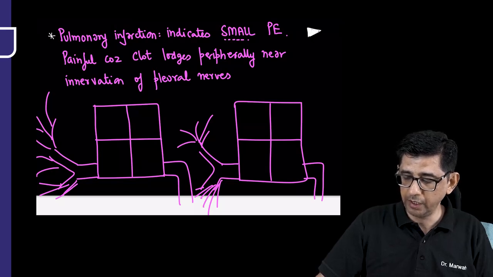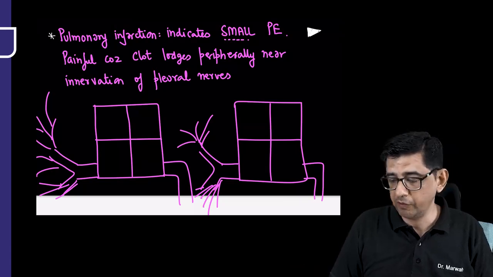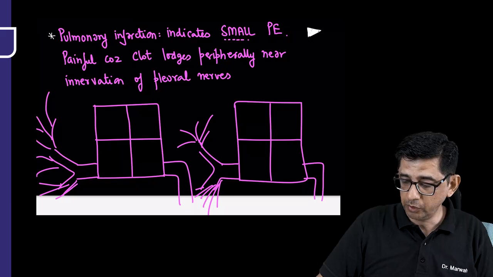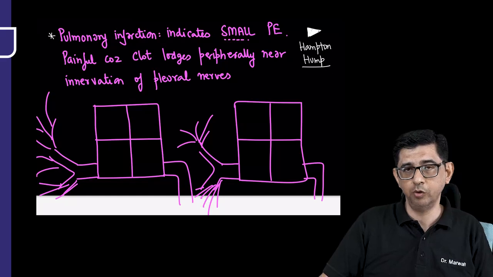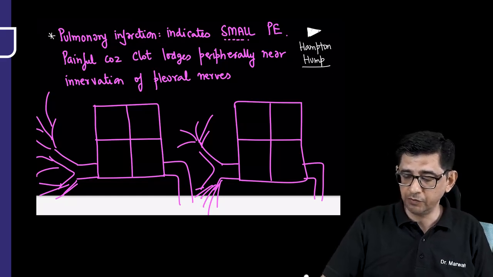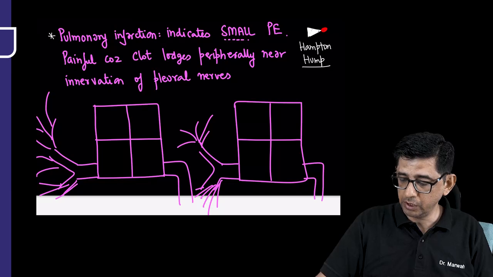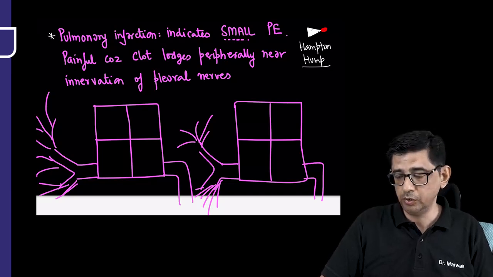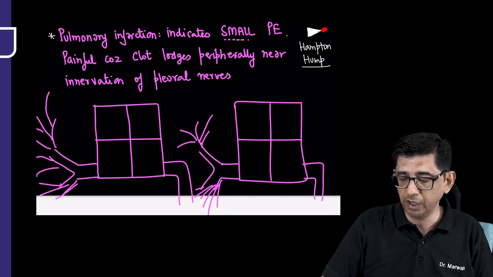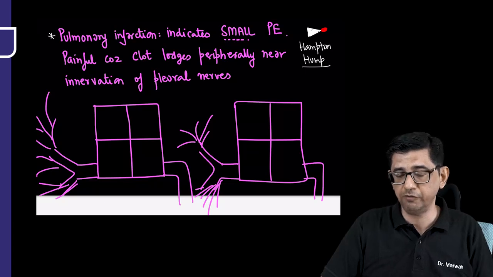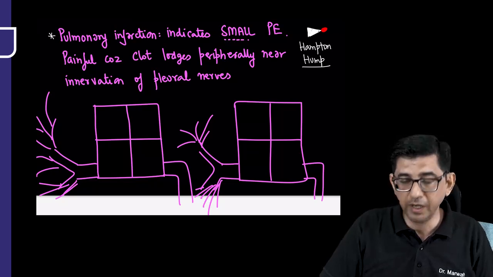I'll be drawing a diagram of the lungs a few minutes from now, but I just want to draw your attention to a radiological finding. Even the radiology teacher will be saying this word, Hampton hump. That Hampton hump would be a wedge opacity that is created because wherever there is a small clot which has gone in the lung circulation, distal to that there would be development of an infarct, and that infarct would be visible as a white shadow on the X-ray.